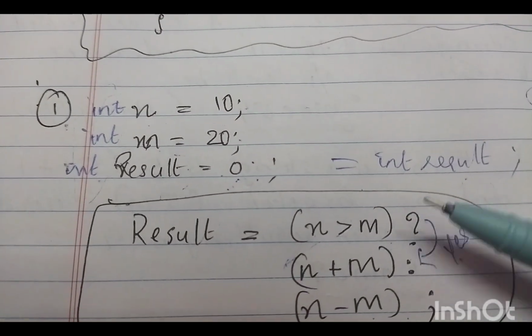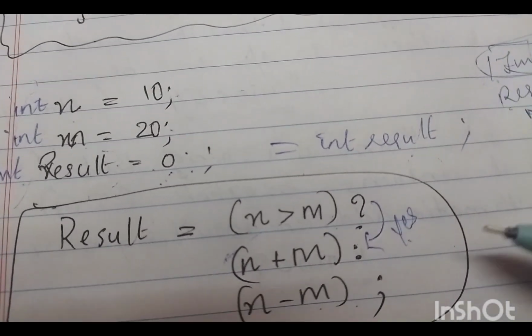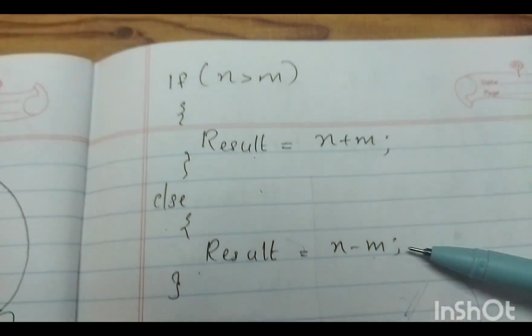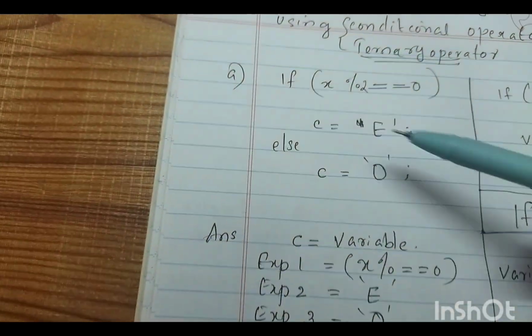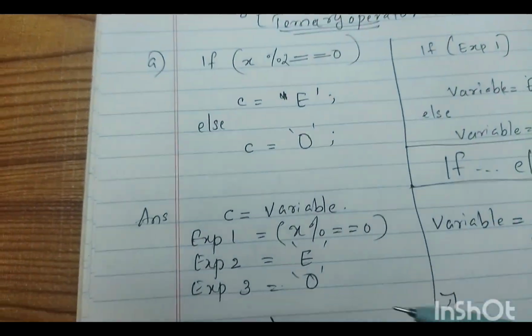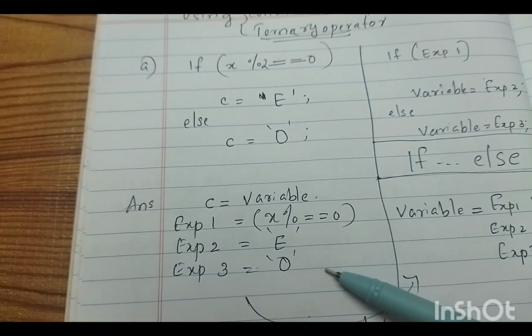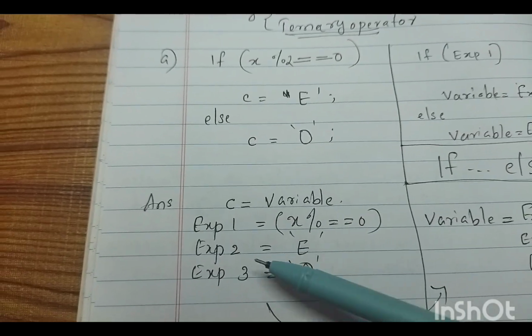This is in code. Here this is the conditional operator and this is the if-else statement. For another example, here we write the following using the conditional operator, or ternary operator. Here an if-else is given, and we have to convert it into a conditional operator.